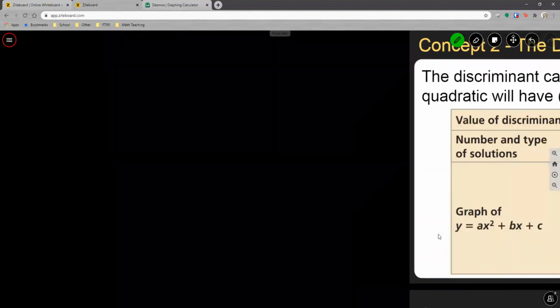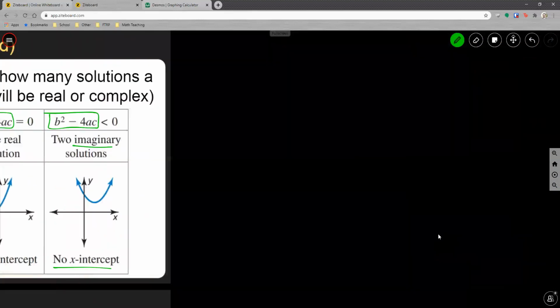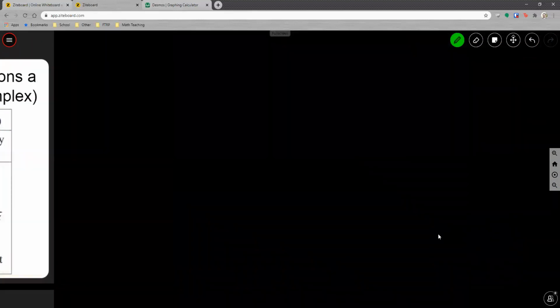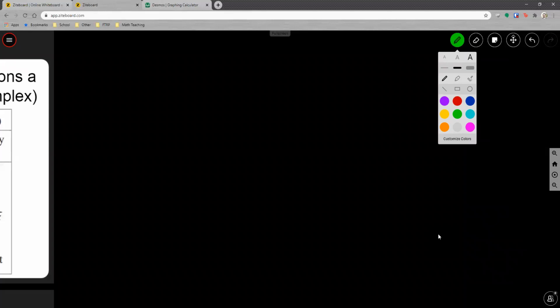I want to take a second. Actually, I have room over here. Let's keep it all to the right. to talk about the big takeaway in the quadratic formula. So remember, the quadratic formula is made from the standard form.